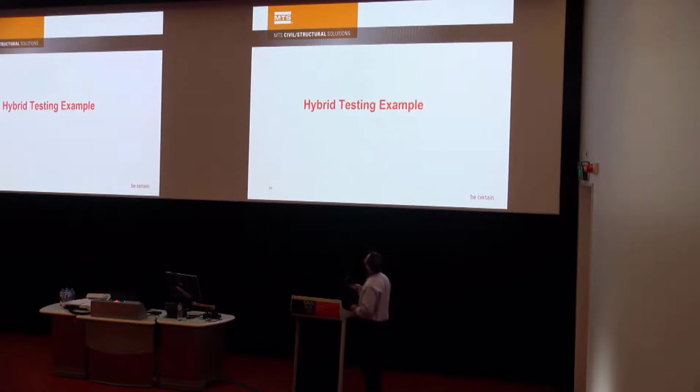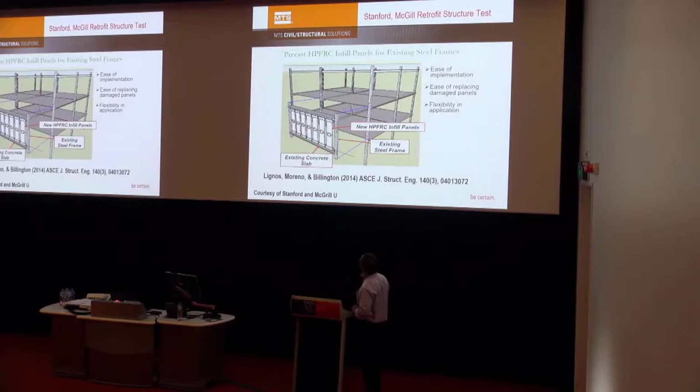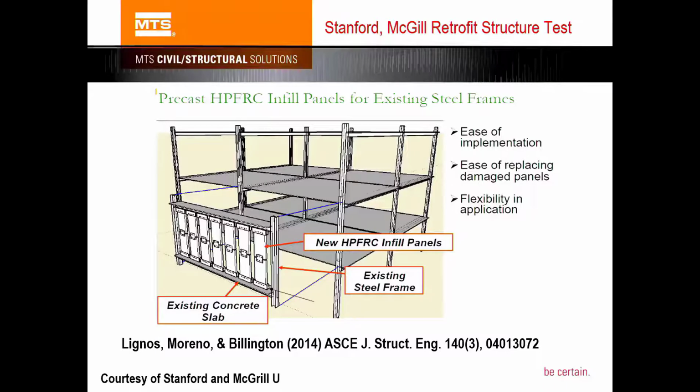Next I'm going to talk about some hybrid test examples. This example was done by Dimitrios Lignos while he was at Stanford University, and he worked with some UC Berkeley people like Andreas Schellenberg on this example.